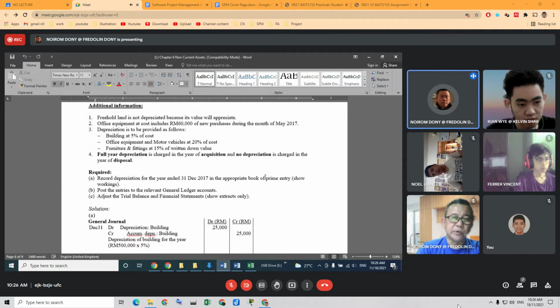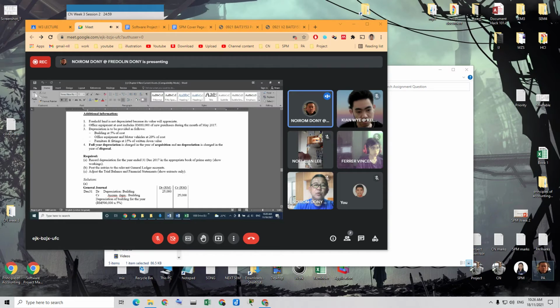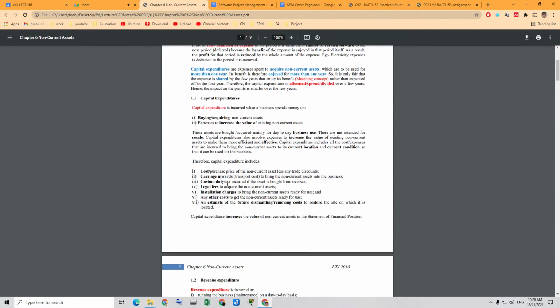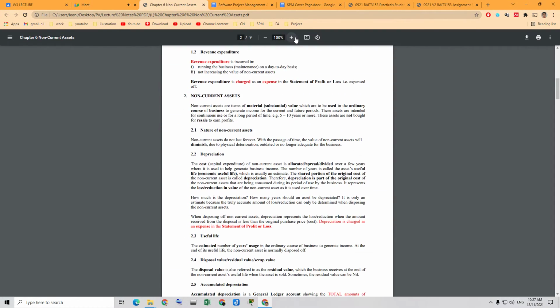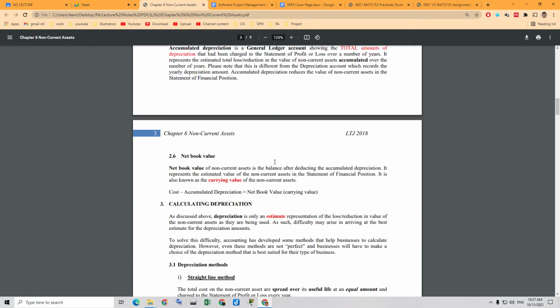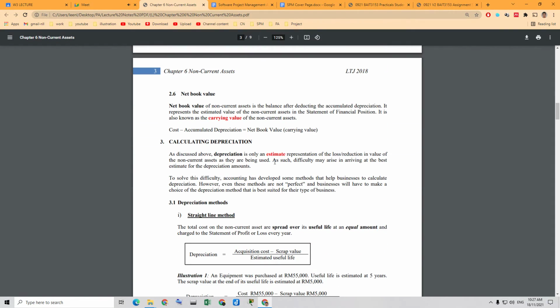Because of that, the only prime entry will be the general journal. That is to record, and then post the entry to the relevant general ledger account. So we have to open the T account in the general ledger, and then adjust the trial balance and financial statement.